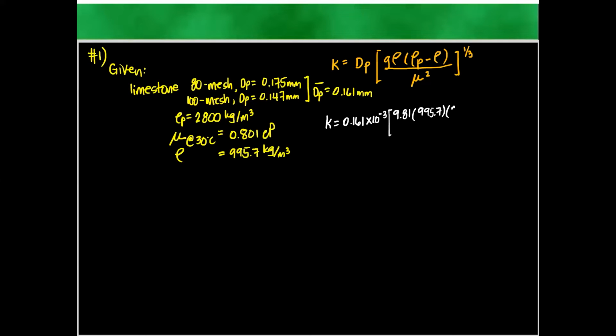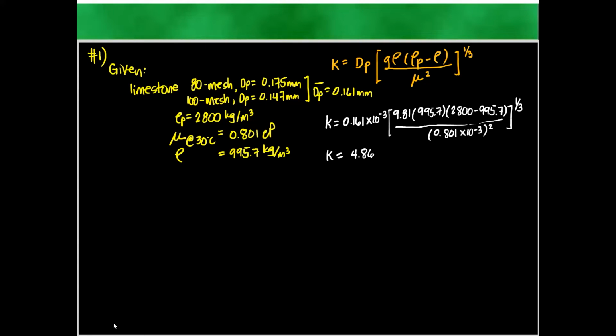This would be 2,800 minus 995.7, that's raised to 1/3, divided by 0.801 times 10 to the negative 3, squared. What would be the value of K? So 4.86 is your answer.